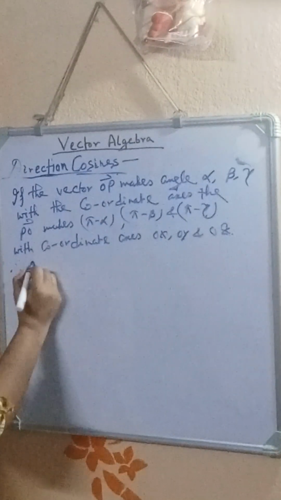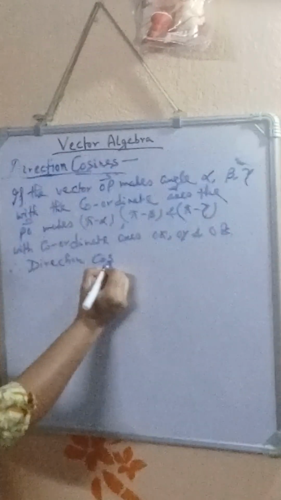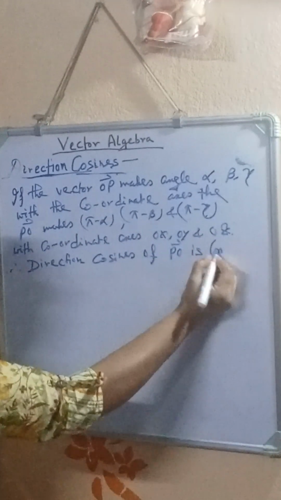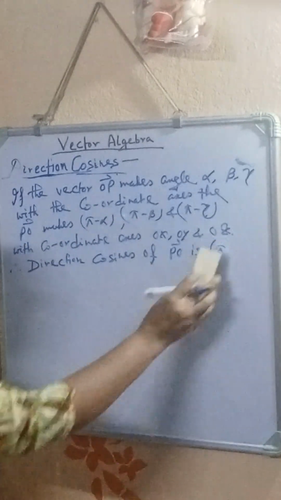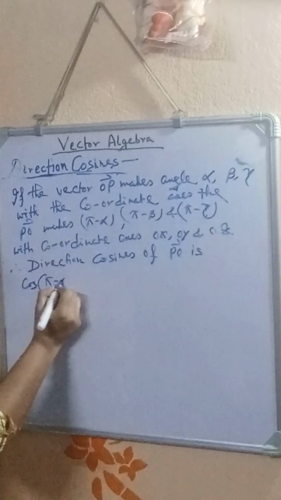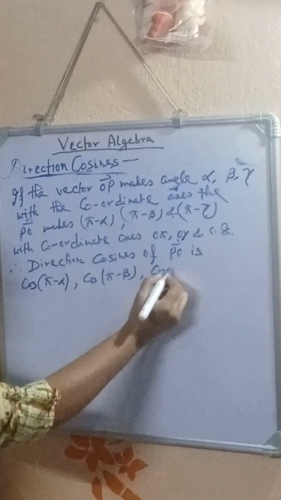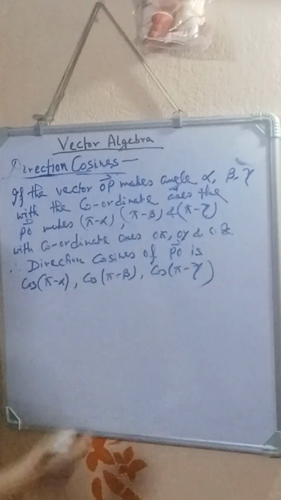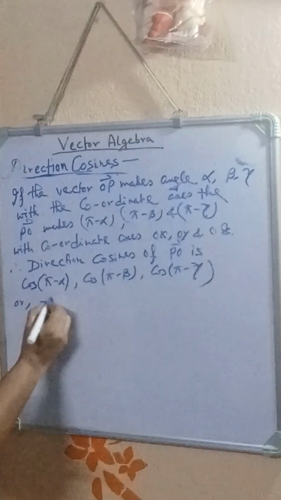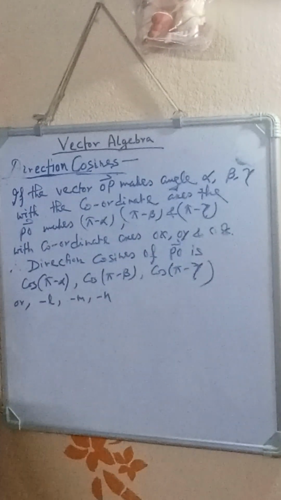Therefore, the direction cosines of the PO vector are cos of pi minus alpha, cos of pi minus beta, cos of pi minus gamma, or minus L, minus M, minus N, because cos of pi minus alpha equals minus cos alpha.